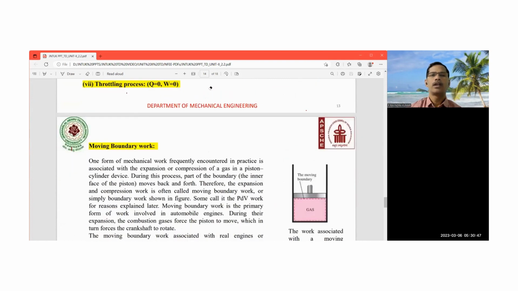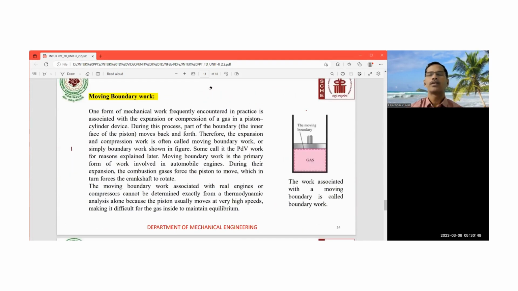Next is the moving boundary work. Try to get clarity on moving boundary work and non-moving boundary work. Before concluding, the student has to get the meaning of moving boundary work. See here, some gas is stored.